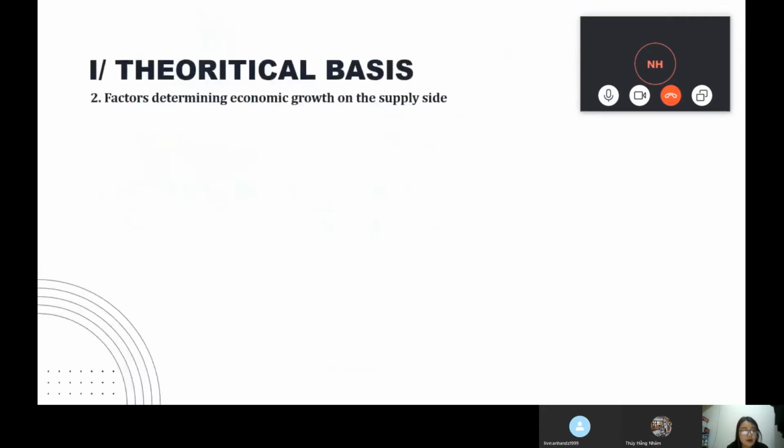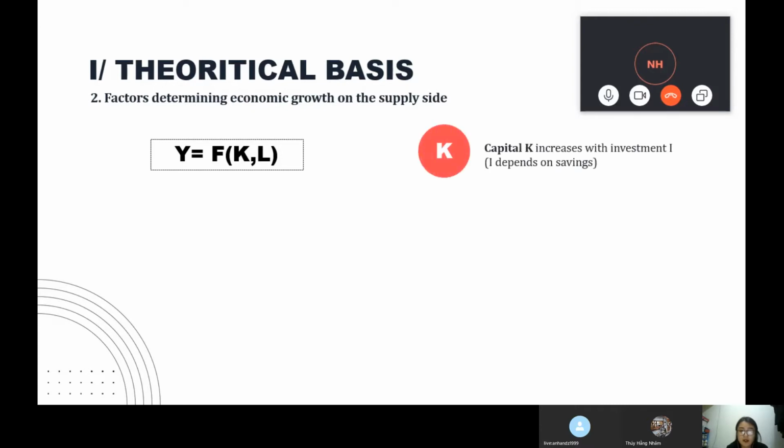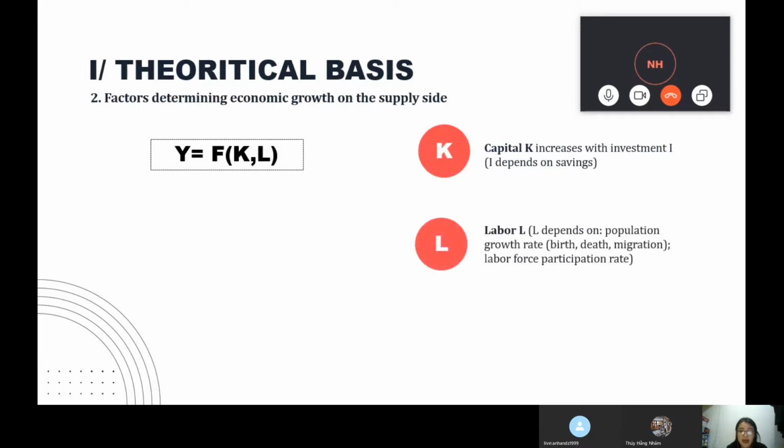And next, we will come to the factors that determine economic growth on the supply side. We have the function Y equals F of K, L, and so on, where K represents the capital that increases with the investment I, which depends on savings, and L represents the labor that depends on the population growth rate and labor force participation rate.